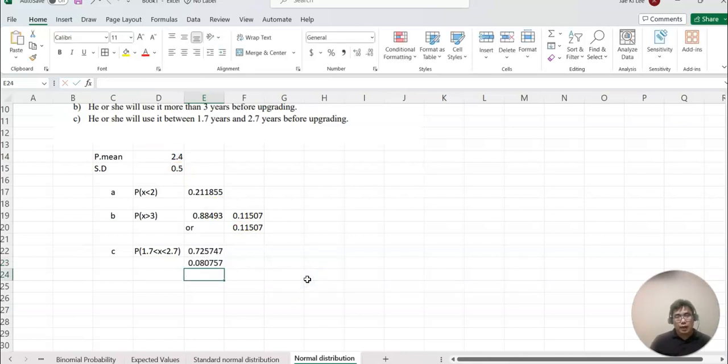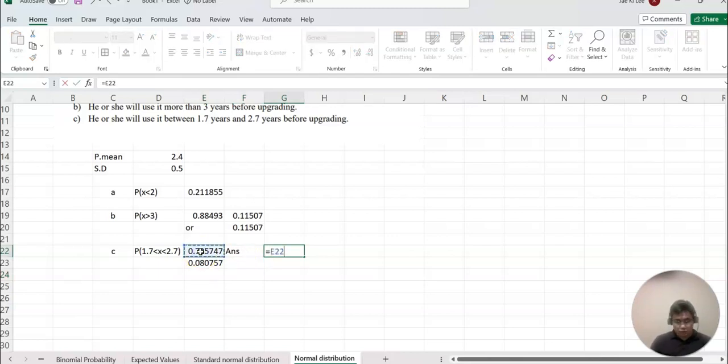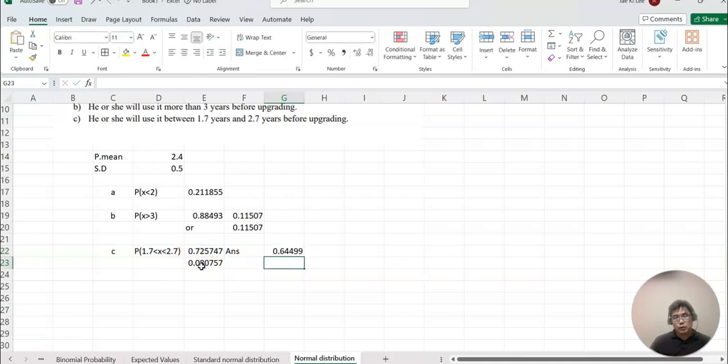Now the answer is the bigger value minus the smaller value. So that's one way to do it.